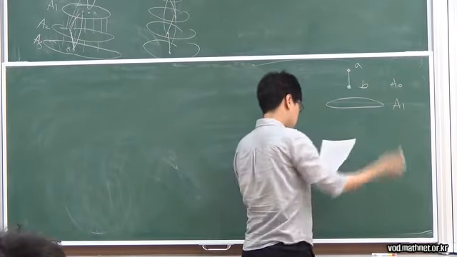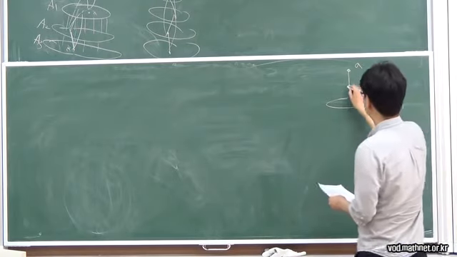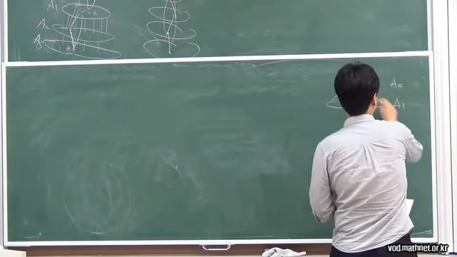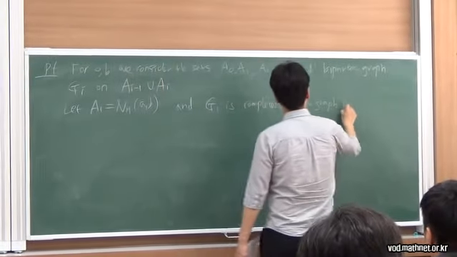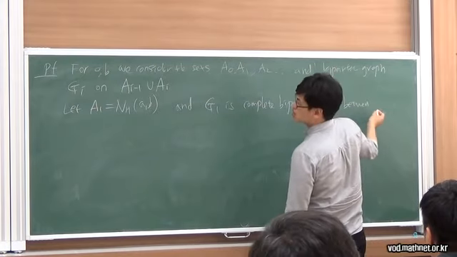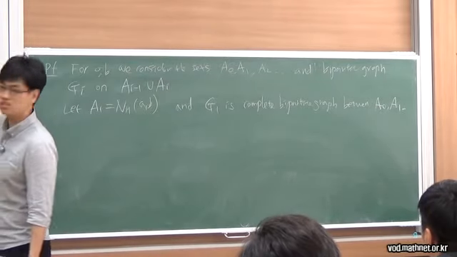In A1, what we want to take is just the common neighbor of A and B. And so G1 is, let's say, a complete bipartite graph between A0 and A1, which is just the star between P and here.